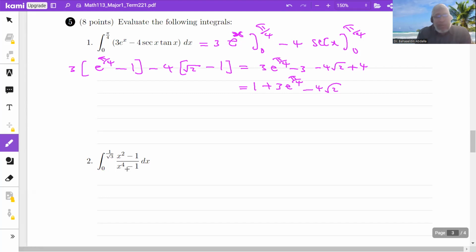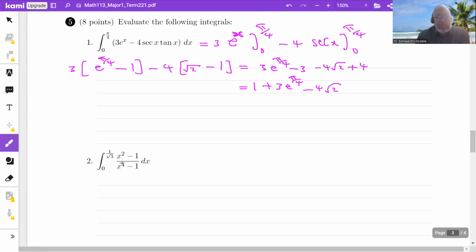Well, if you think of substitution, the derivative of x^4 minus 1 is 4x cubed, and I don't have it up. Well, what can you do? If you think of distributing, right, x squared over x^4 minus 1, it doesn't solve anything. So there's no way to solve this integral by substitution.